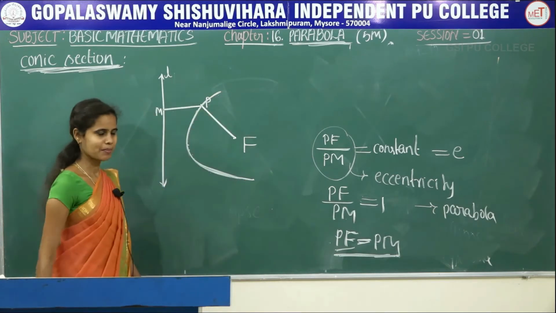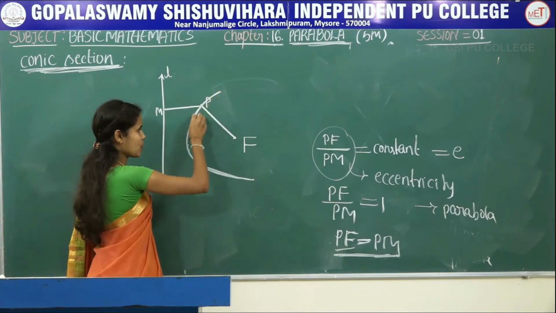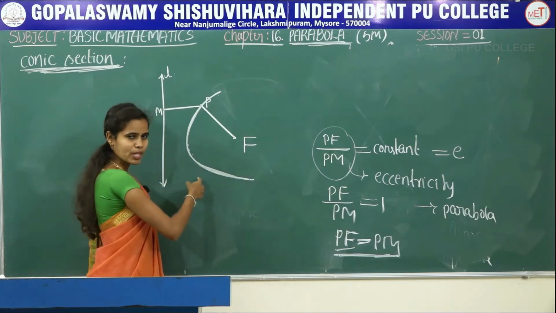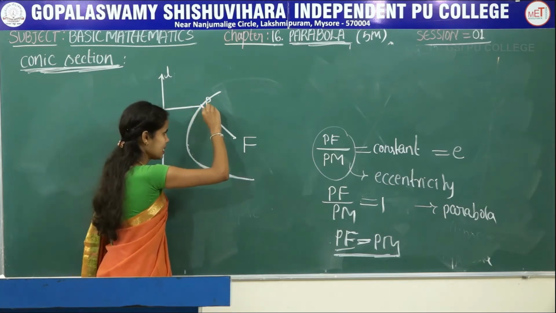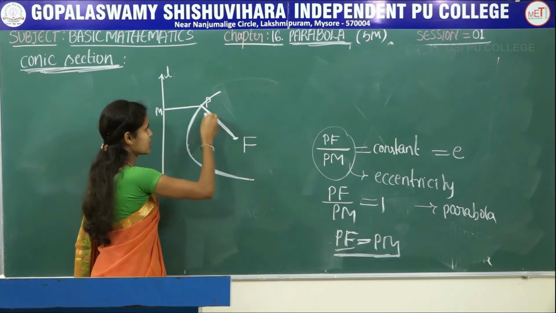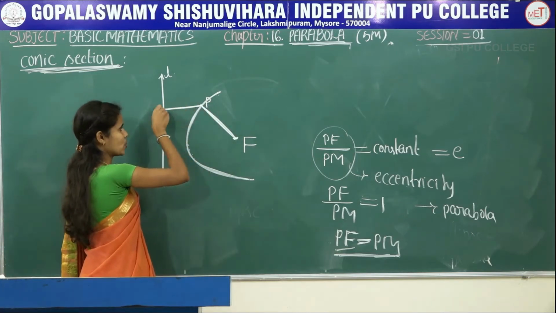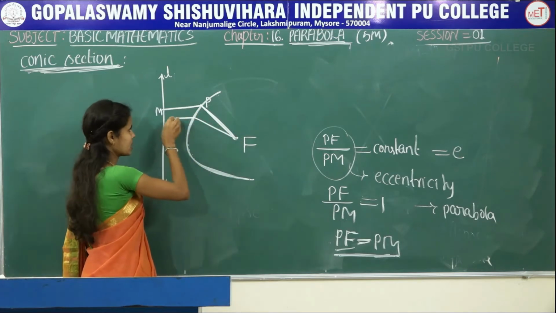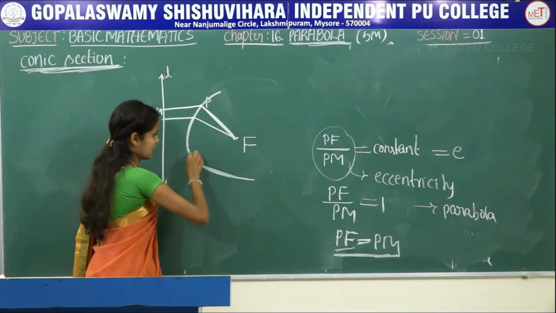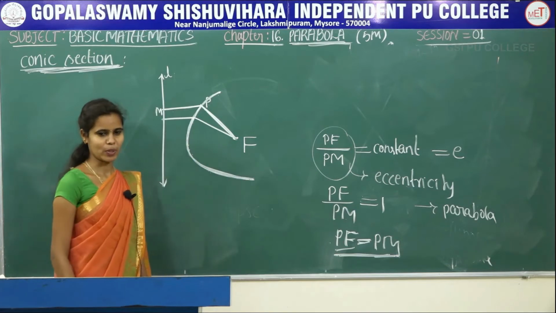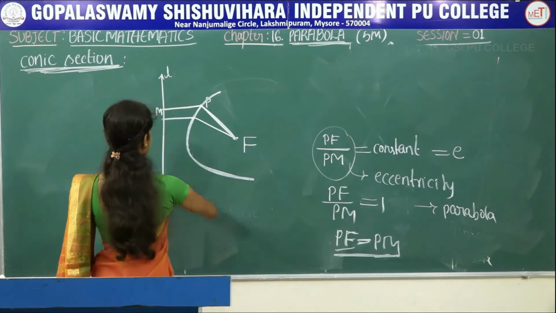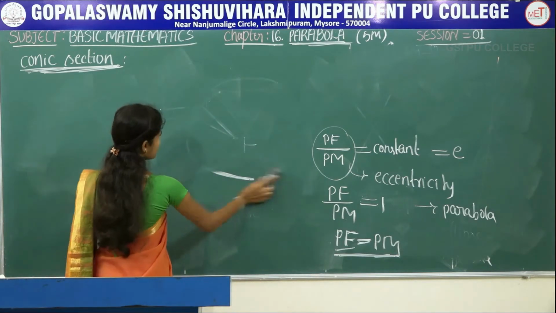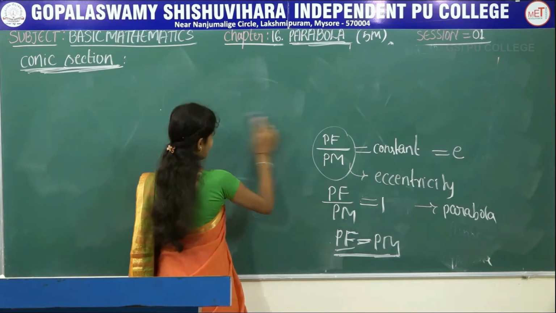So a parabola is the locus of a point which moves on a plane such that its distance from the fixed point is equal to its distance from the fixed line. Next let us derive the standard equations of parabola.